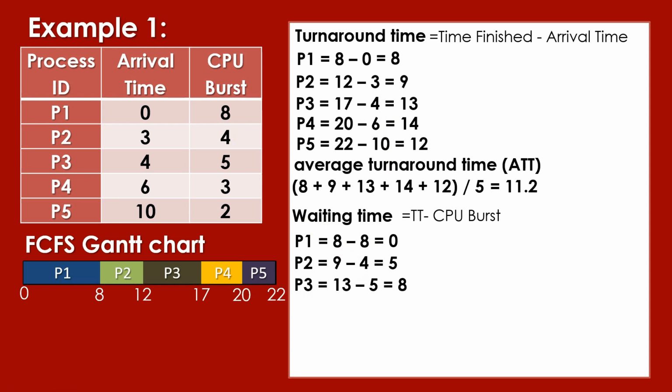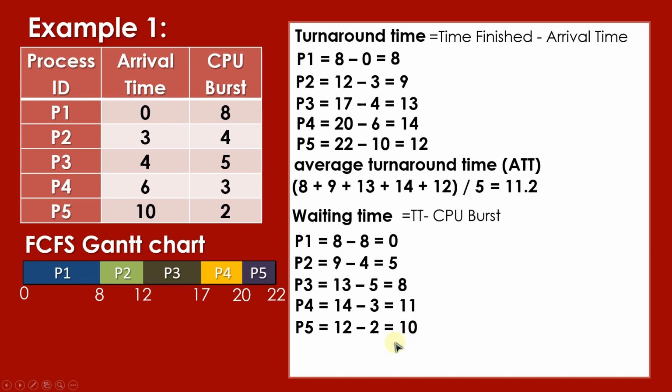P3, 13 minus 5, that is 8. P4, 14 minus 3, that is 11. P5, 12 minus 2, that is 10. Okay, so ibig sabihin ng mga waiting time na to, let's say for P2, naghintay siya ng 5 seconds, let's say 5 seconds, para matapos siya.